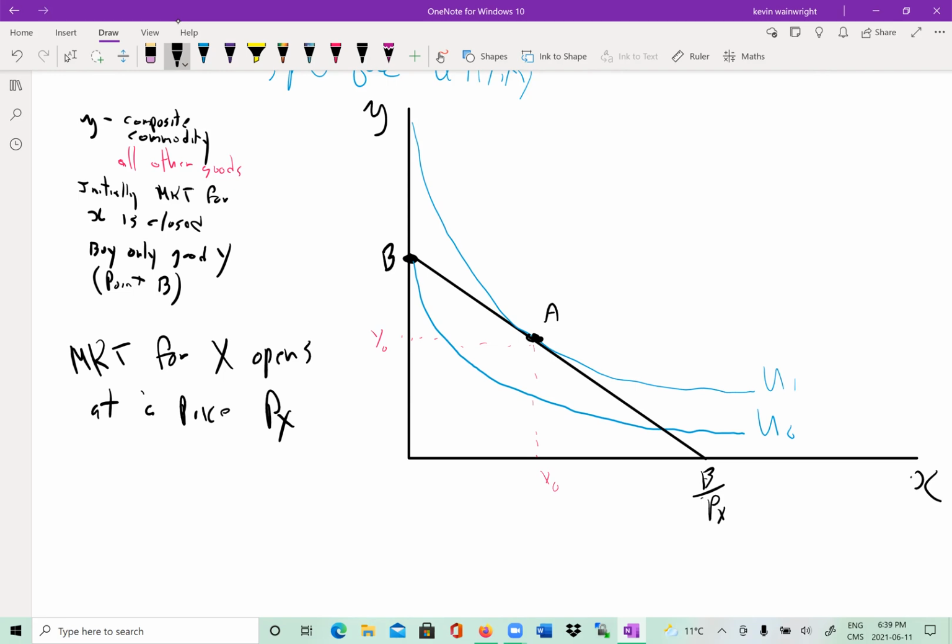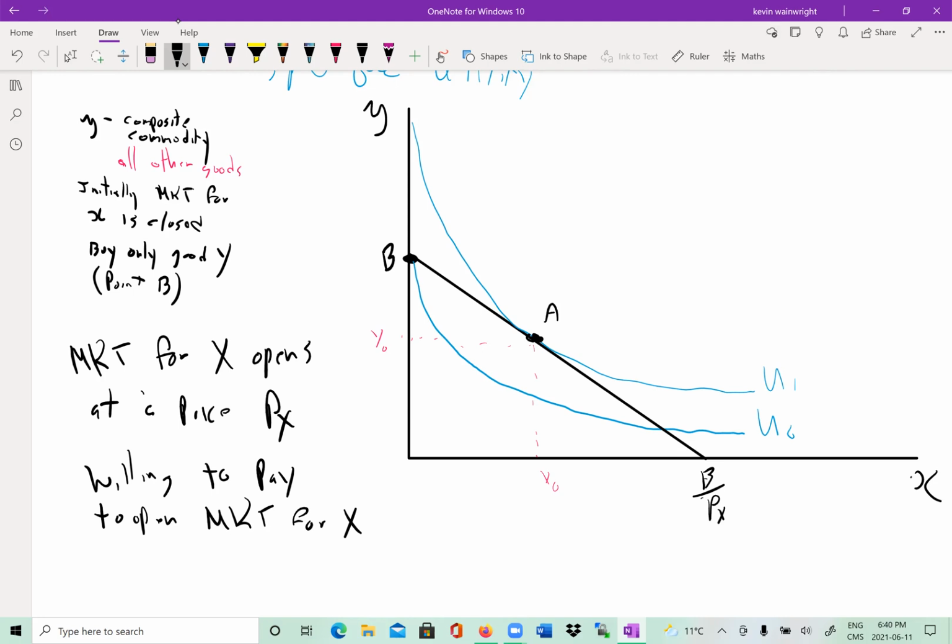So I am willing to pay to open the market. And how much am I willing to pay?